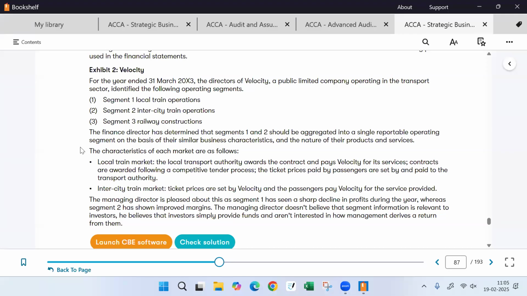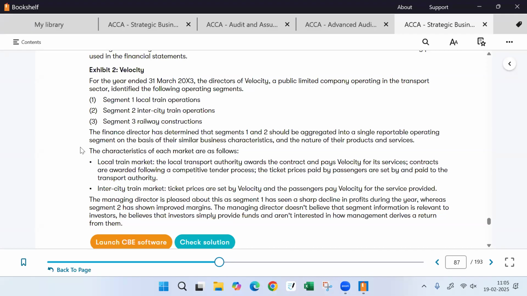But if the agreement is such that even if there is only 1 student, I will be paid only X percentage of the revenue, then my revenue is at risk. So in this first equation, there's no revenue risk for Velocity because they are not bearing the risk. The risk is borne by the person who has given the contract, the local transport authority. So they are not exposed to passenger-related revenue risk.